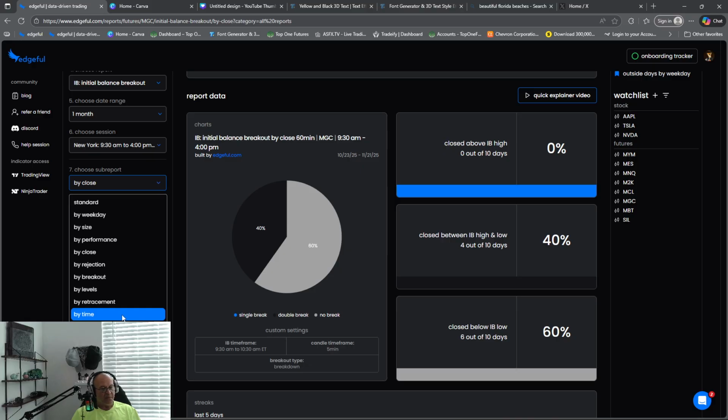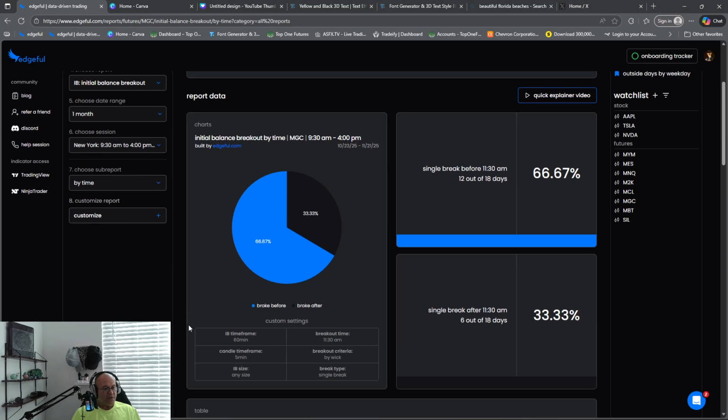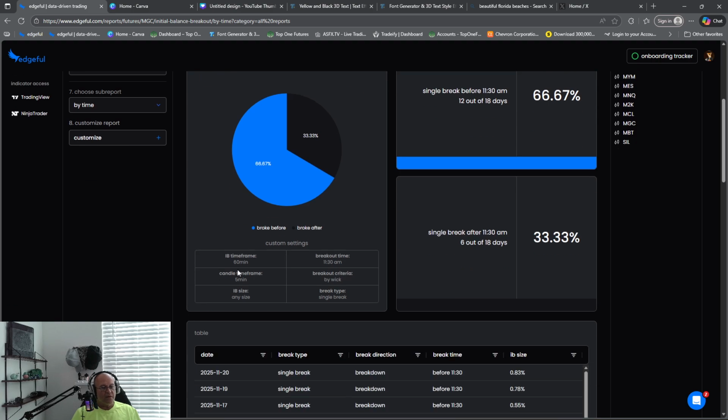let's go to by time. Okay, so this is going to be, let's see, size breakout time 11:30. So initial balance is set at 10:30.